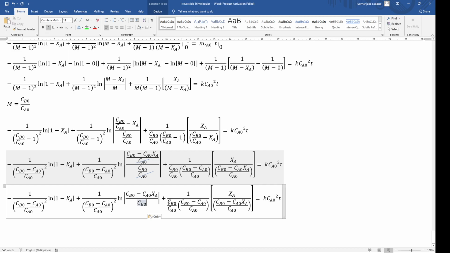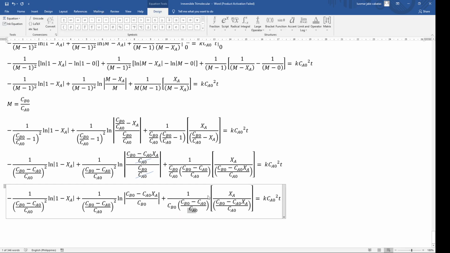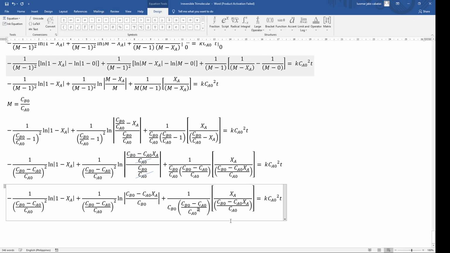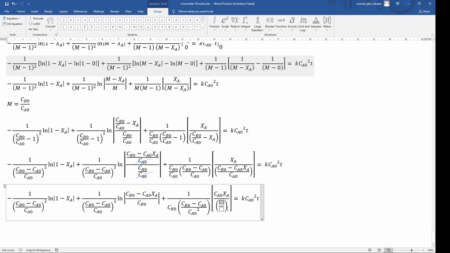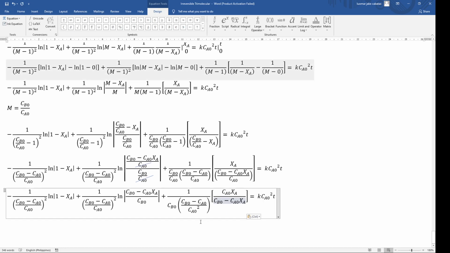There, and then we can combine these two. Make this C_AO squared. And then this, transfer natin sa taas. So we are left with that.